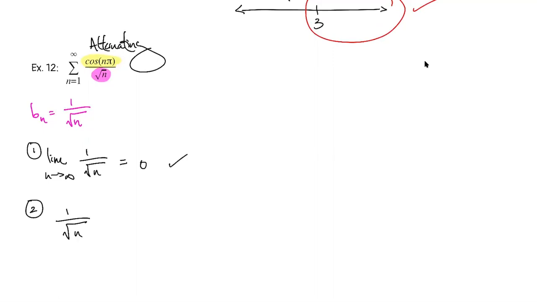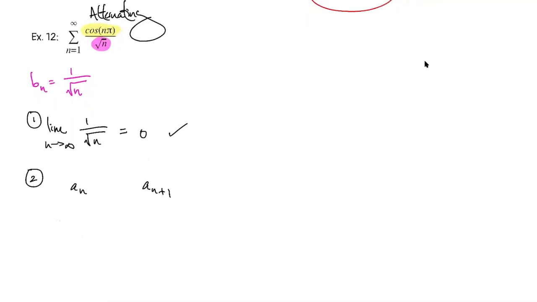What happens if we compare a sub n to a sub n plus 1? So a sub n would be 1 over the square root of n. How would I write a sub n plus 1? 1 over the square root of n plus 1.